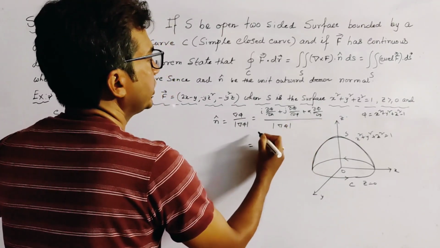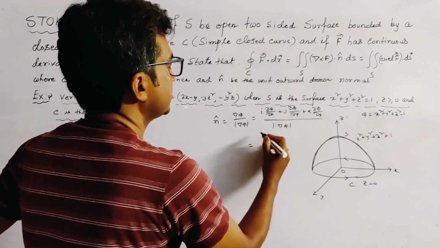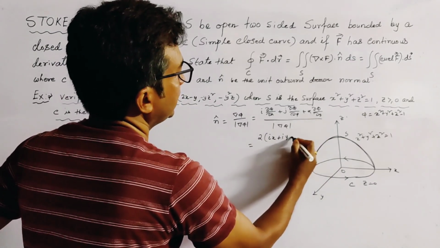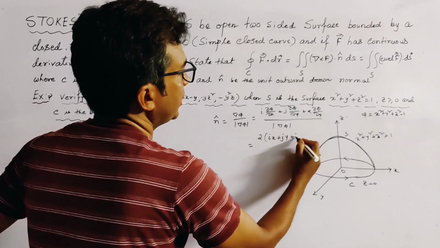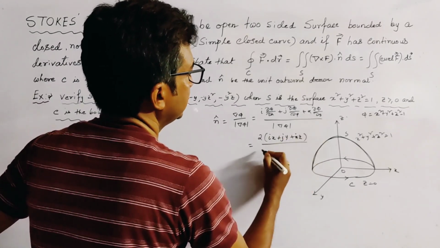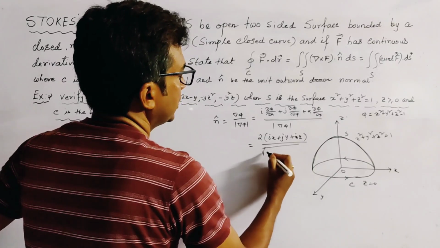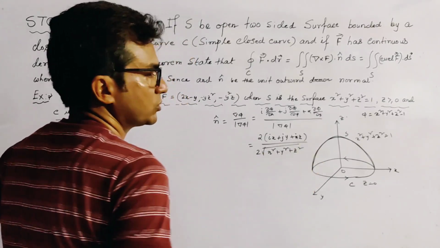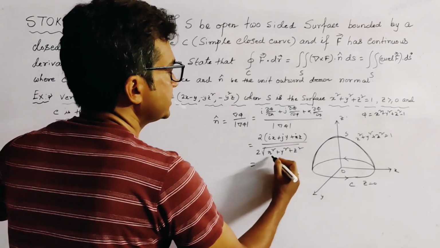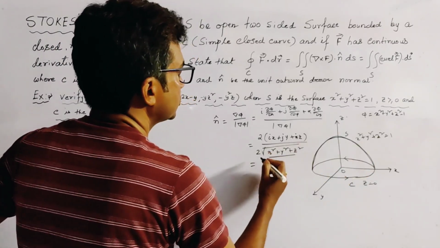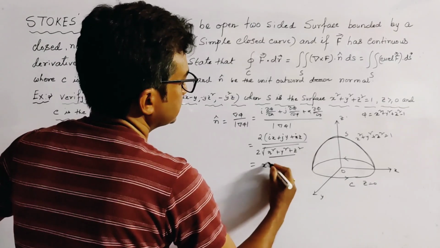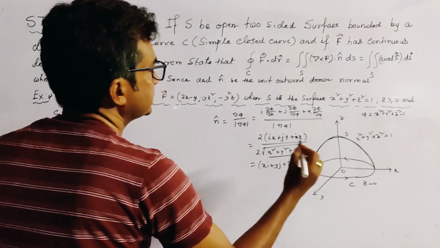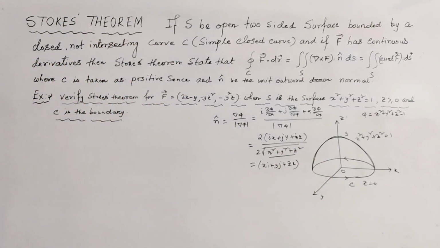We get 2 into (xi plus yj plus zk) by root under 2 into x squared plus y squared plus z squared, and this is obviously equal to 1, so we get xi plus yj plus zk. This is our n cap.